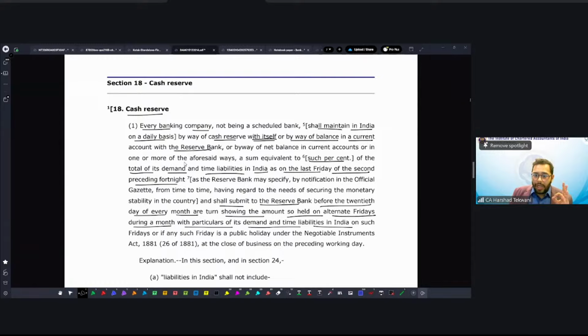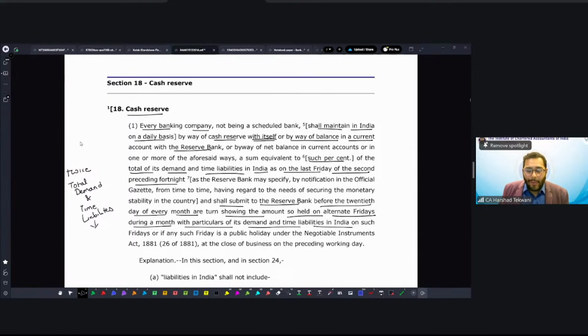That means on every alternate Friday, the last Friday of the second preceding fortnight. That is kind of twice a month. Whatever your total demand and time liabilities are, of that a percentage is required to be maintained either by itself or by way of a balance in the current account with the Reserve Bank.